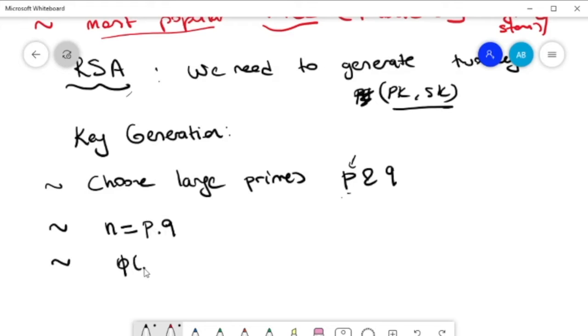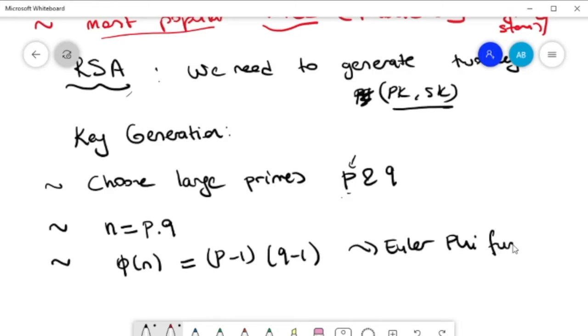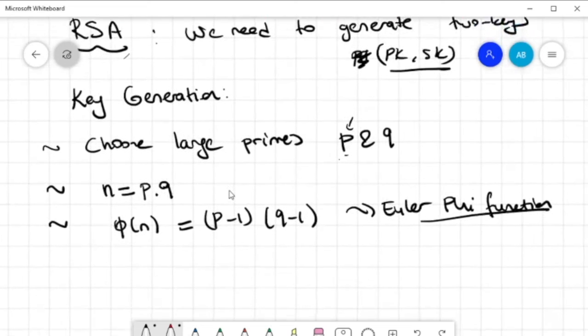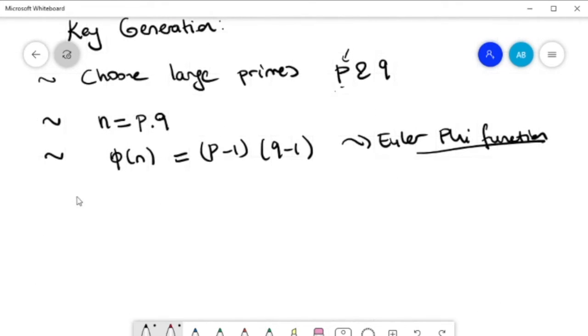Then phi of N is (P minus 1)(Q minus 1). This is the Euler phi function. We have seen it last week. Maybe I should enumerate this: this is 1, 2, 3, and 4.